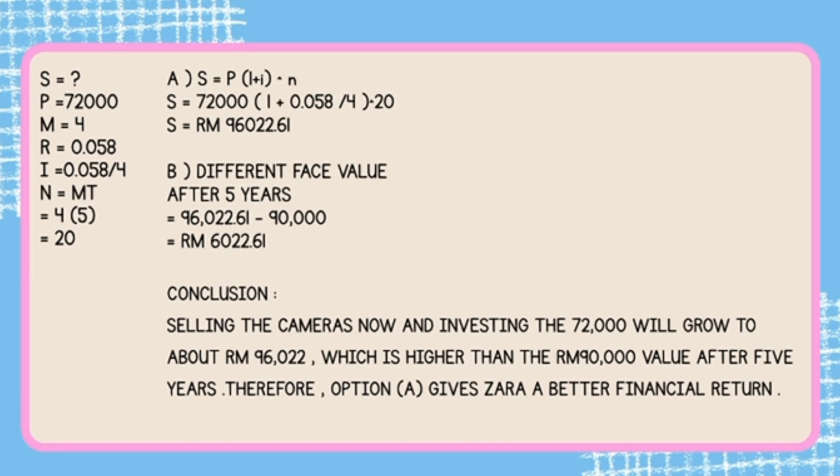So the conclusion is selling the cameras now and investing the 72,000 will grow to about 96,022, which is higher than the 90,000 value after 5 years. Therefore, option A gives Zara a better financial return.